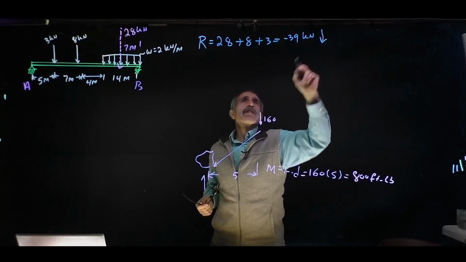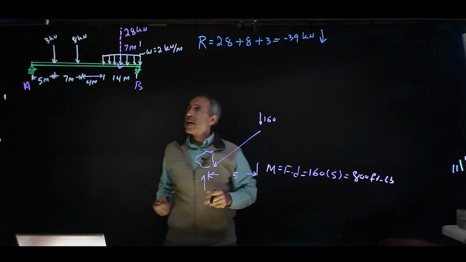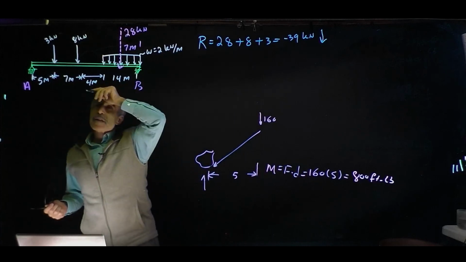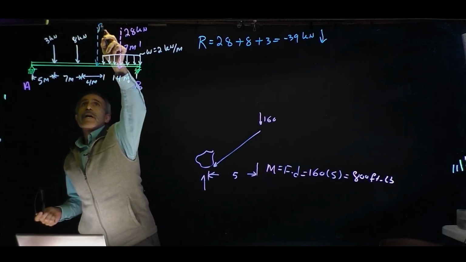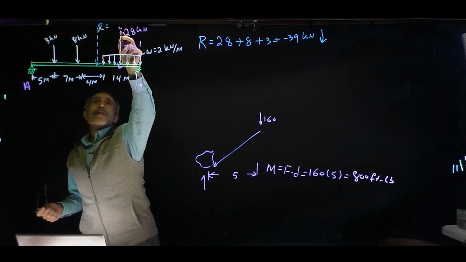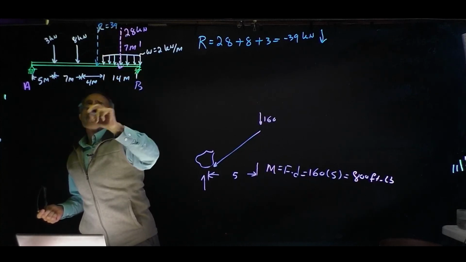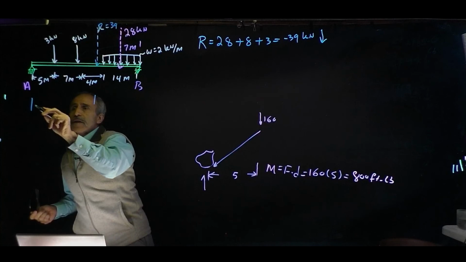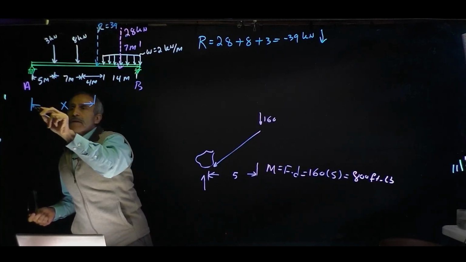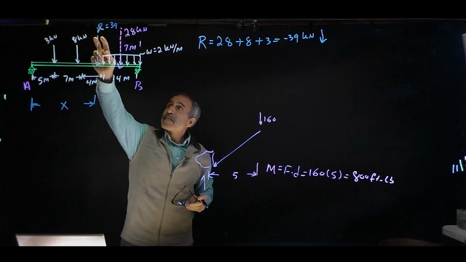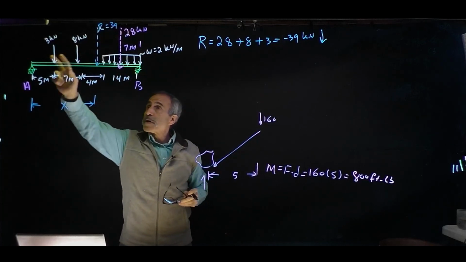That means basically the direction is downward. And we don't know, it's probably somewhere around here. This is our R, which is equal to 39. But I want to know what that distance is right here. Let's call this distance X. So this is the equivalent force of all those combined.